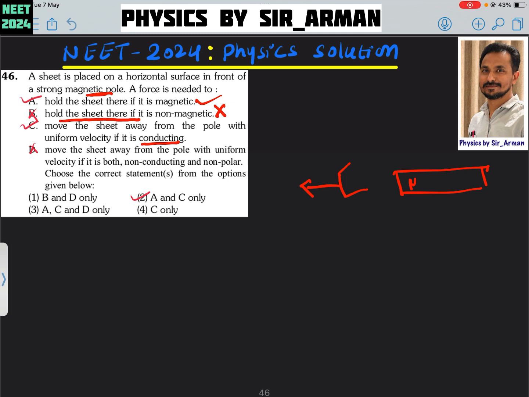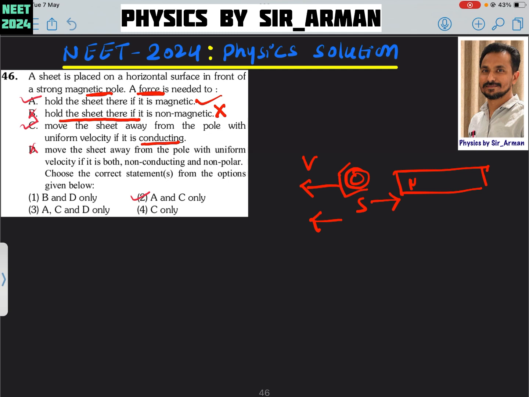Due to the changing flux, eddy currents will generate, a south pole will generate, and this sheet will be attracted by the magnet. So to move it with constant velocity, you need to apply an equal and opposite force. So this is correct: a force is needed to move the sheet away from the pole with uniform velocity if it is conducting.